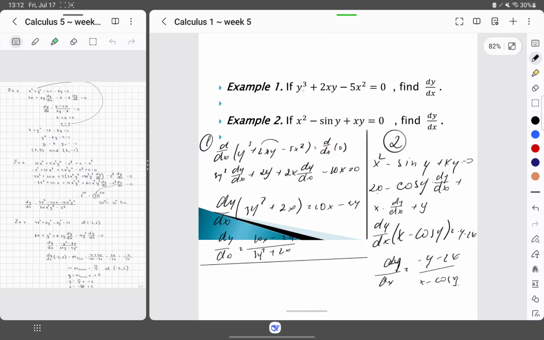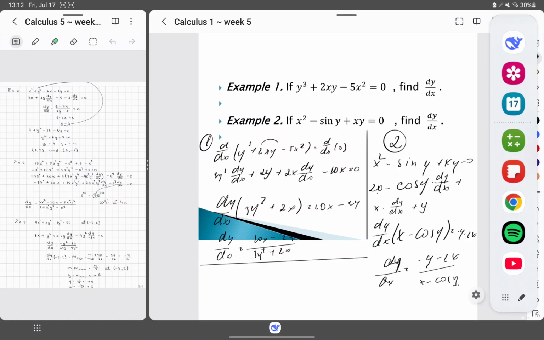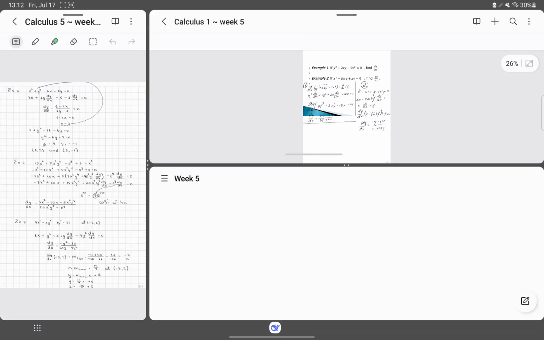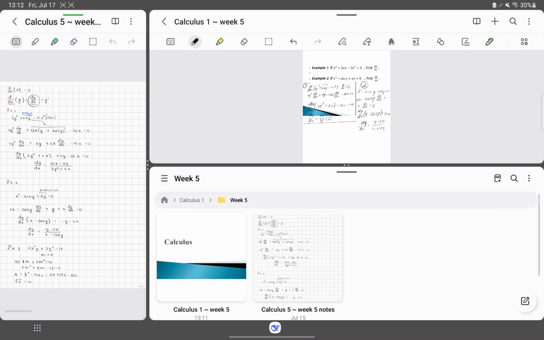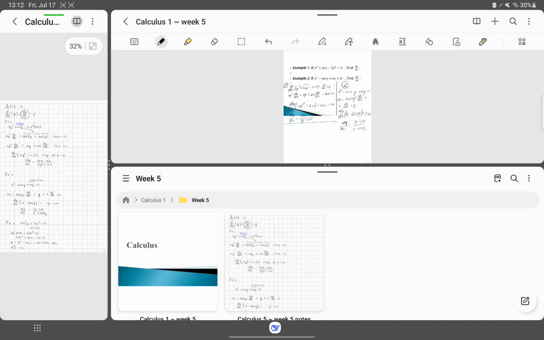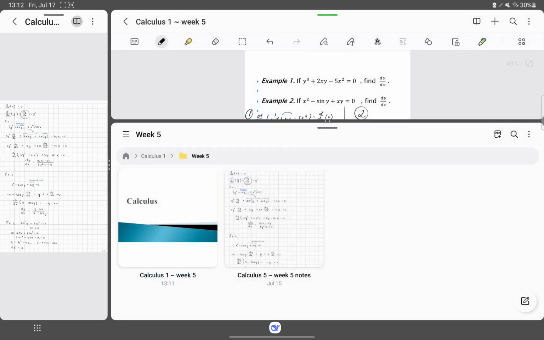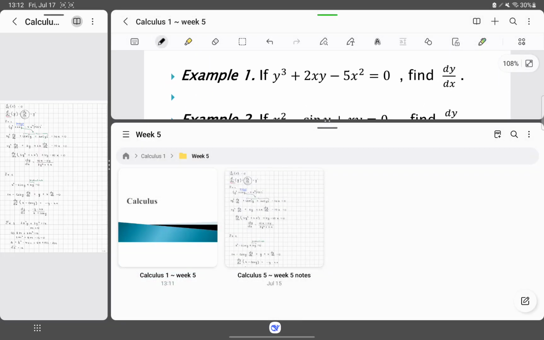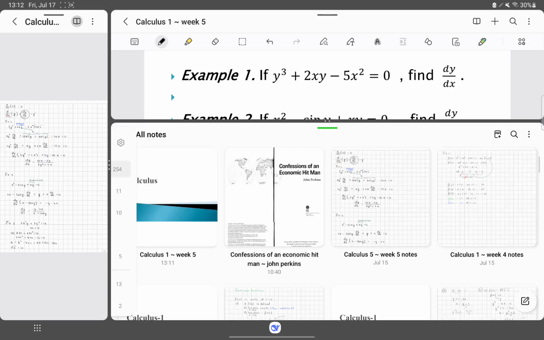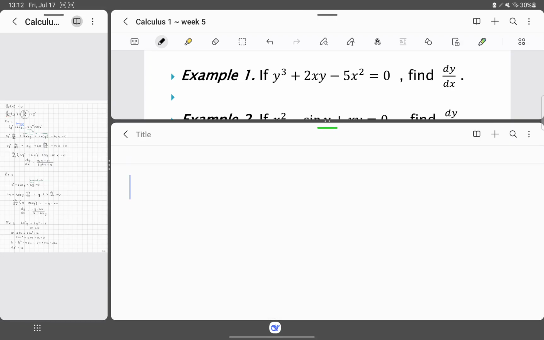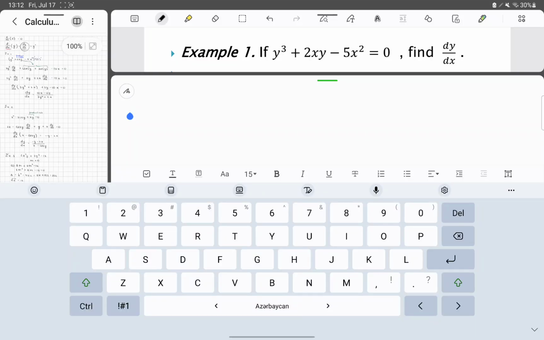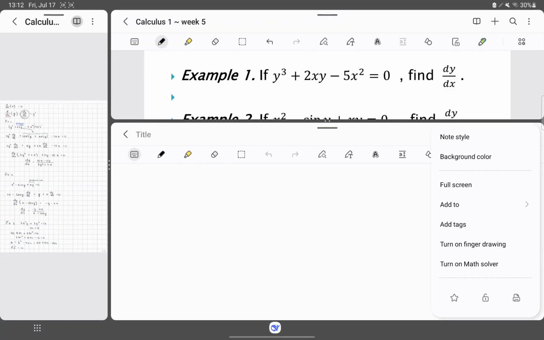Example: y cubed plus, let's do this. By the way, my teacher has written the solutions here, but now I don't want to review them. I just want to do them by myself, then review, because I think it would be really helpful. We are basically trying to find the derivative of the functions, and whenever we see y, we will put dy over dx.